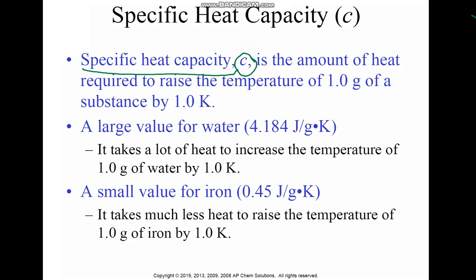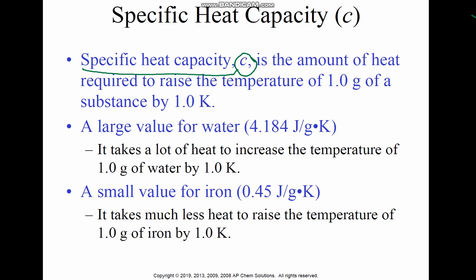Whereas for water, it takes a lot of heat to increase the temperature of water, but not so much for iron. That is because iron is a good conductor of heat. We know that iron and all metals transfer electrons. That electron sea model, they're very free, and the electrons can transfer energy from one to another, and we can look back at that electron sea model to understand that a little bit better.